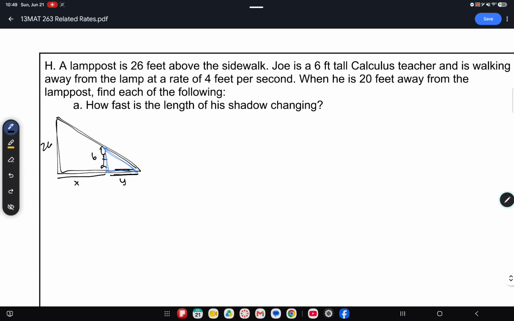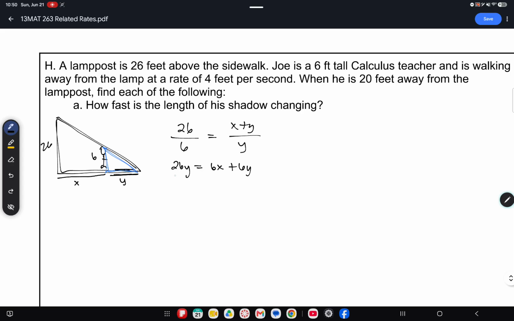Okay? So if I do similar triangles, I can do the heights. So 26 is to 6 as the big length, so X plus Y, is to the little length, Y. Right? And then I probably want to cross multiply. So I've got 26y equals 6x plus 6y.